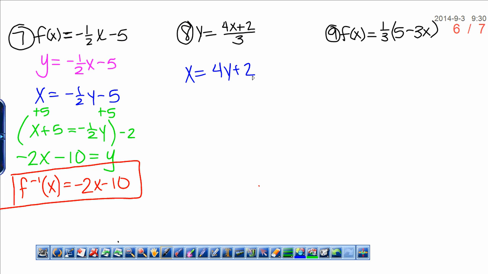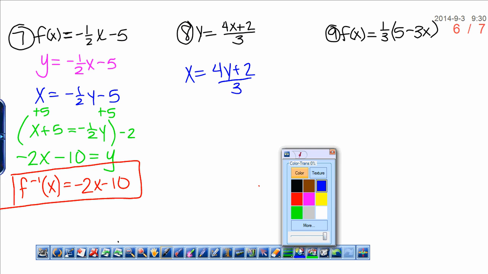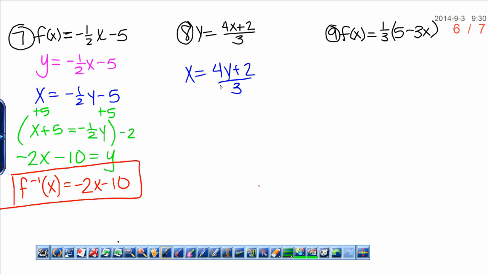What's step 1 here? Sorry, once you switch x and y, what's the first step for solving? Multiply by 3. Multiply by 3, good. So I get 3x equals 4y plus 2. Then what? Subtract 2. And then what? Everything divided by 4.